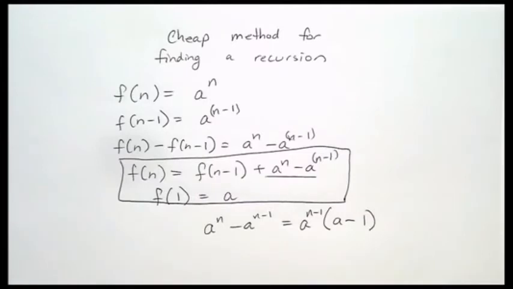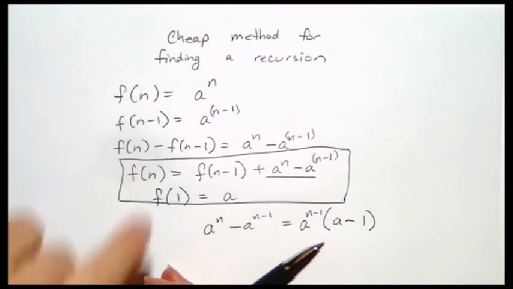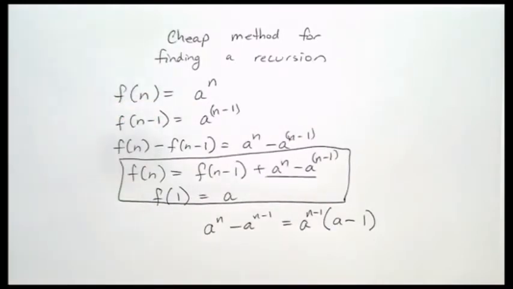That's because the cheat method does not give me the most efficient way to get the new thing from the old thing. So now I should look at this formula and say, is there a better way to get from f of n minus 1 to f of n besides subtracting both sides? How can I calculate this one based on that one?